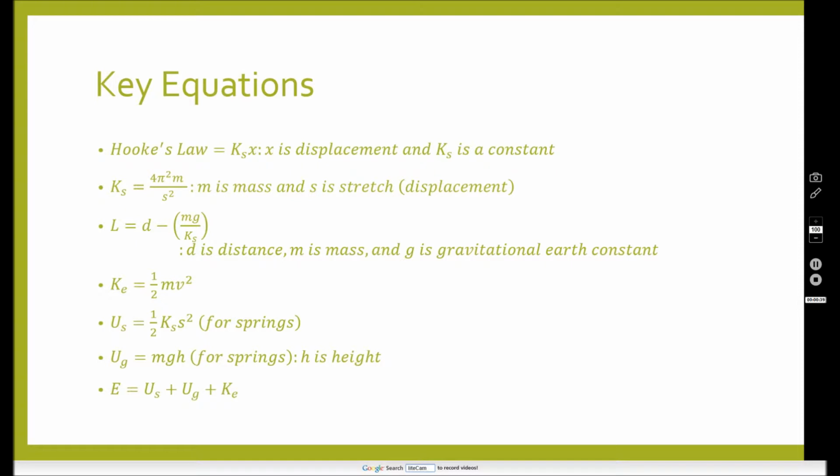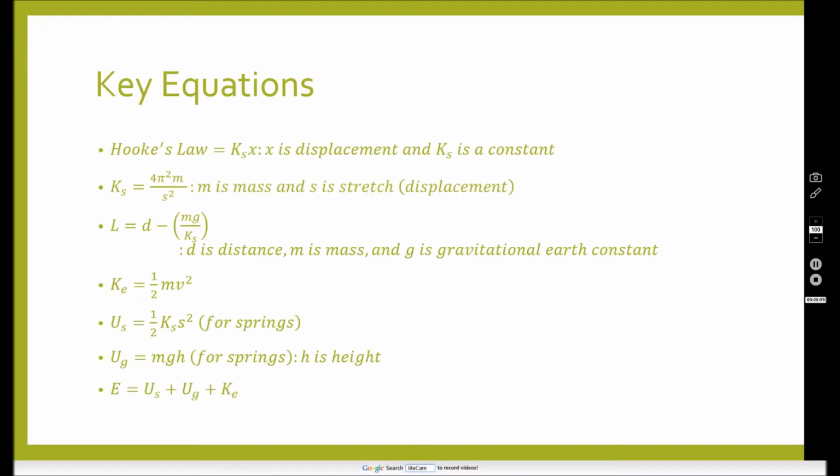So here are some key equations before I show you the data. We have Hooke's law, which is Ks times x, where x is displacement or stretch in this case, and Ks is a constant. And then we can find Ks from 4 pi squared times the mass divided by the stretch squared.